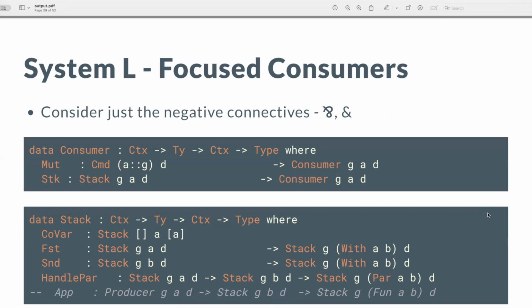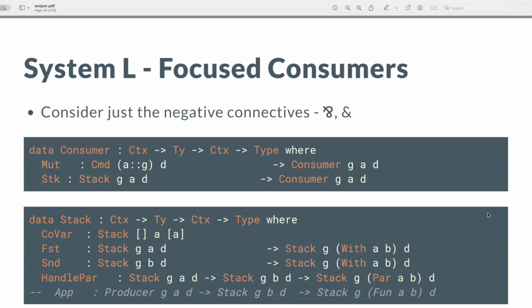So we split the consumer judgment, and we have this judgment called stacks, which are co-values. They're primitive consumers. Here we have our projections, and here we have the power handler. Values are like inert terms, simple producers, and stacks are the inert consumers.